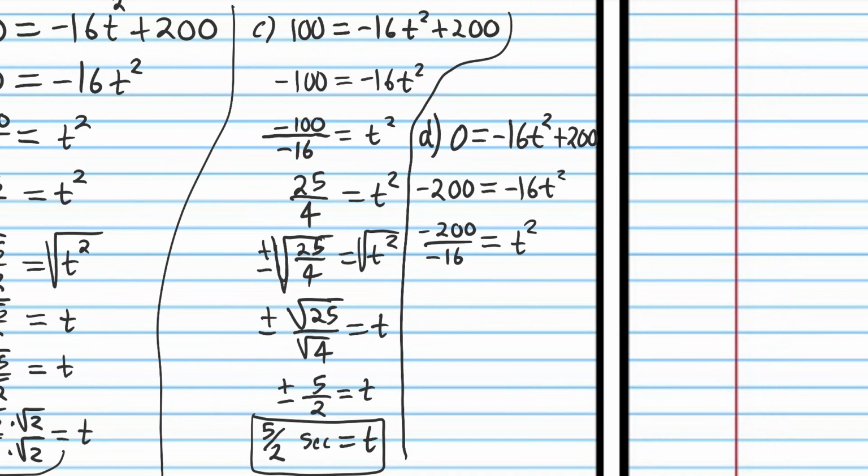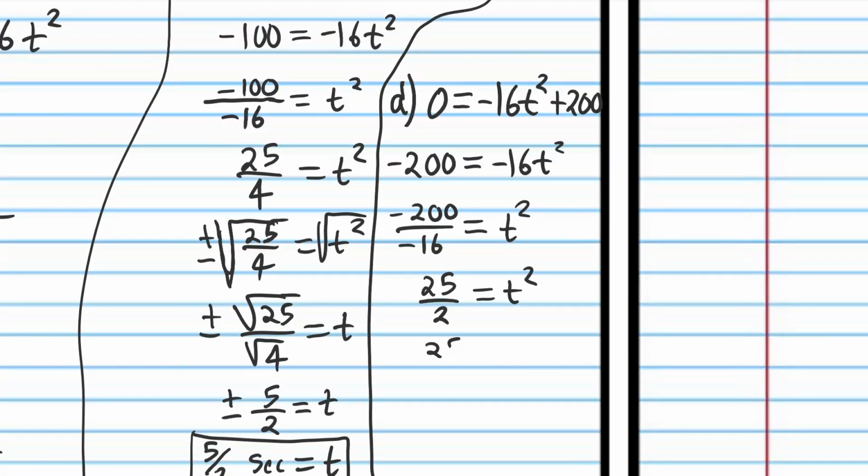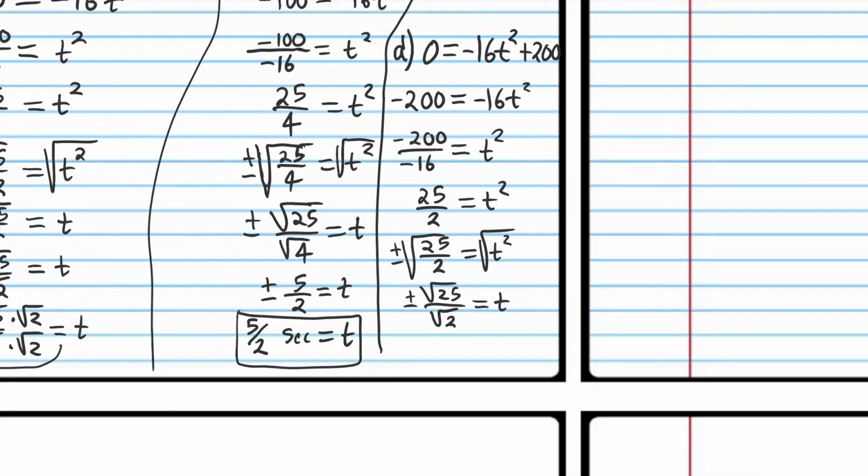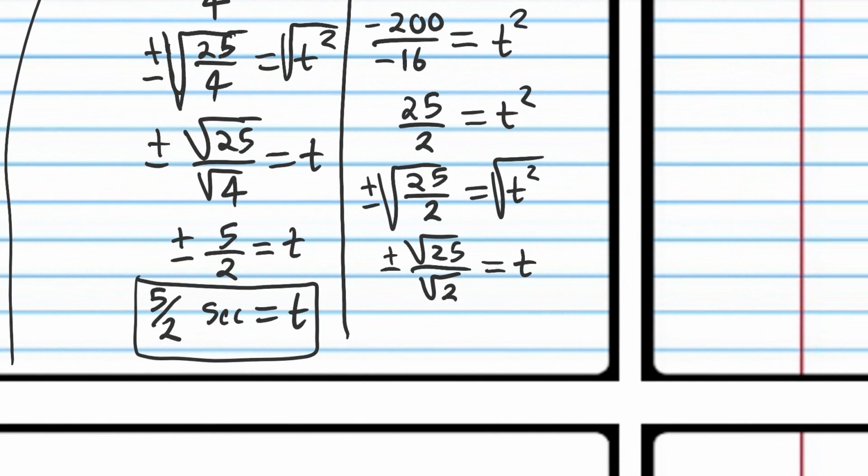And reduce that, and we get, I think that would be 25 over 2 equals t squared. Now we're going to square root both sides because we have to get rid of that square. We get plus or minus. And now we have square root 25 over square root 2. And square root 25, that's just going to be 5.